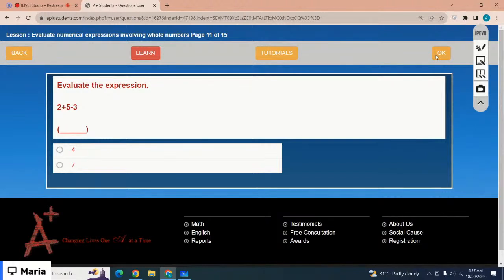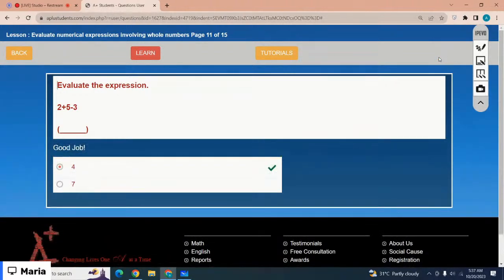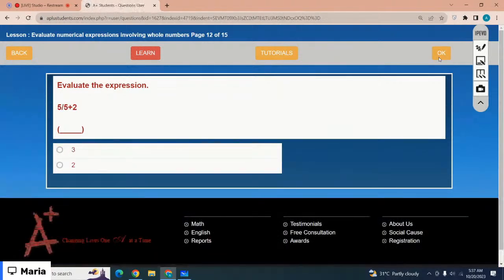Evaluate the expression, which is the correct option. 5 plus 2 is 7, and 7 minus 3 is, very good, that would be 4. 5 divided by 5 plus 2, so which is the correct option? 5 divided by 5 is 1, and 1 plus 2 is 3. The correct option is 3.